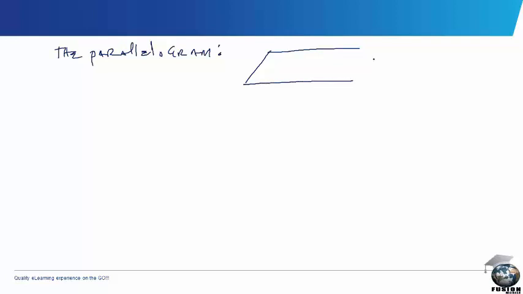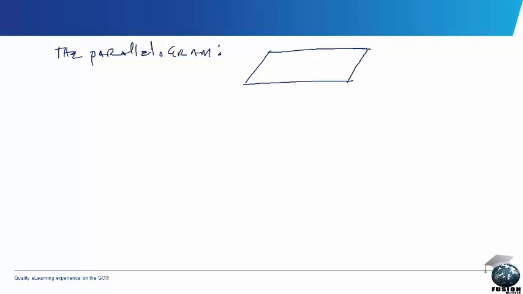What of the parallelogram? Let's talk about the parallelogram. It has similar properties as the rectangle, but it differs. They have similar properties in the sense that opposite sides are equal.